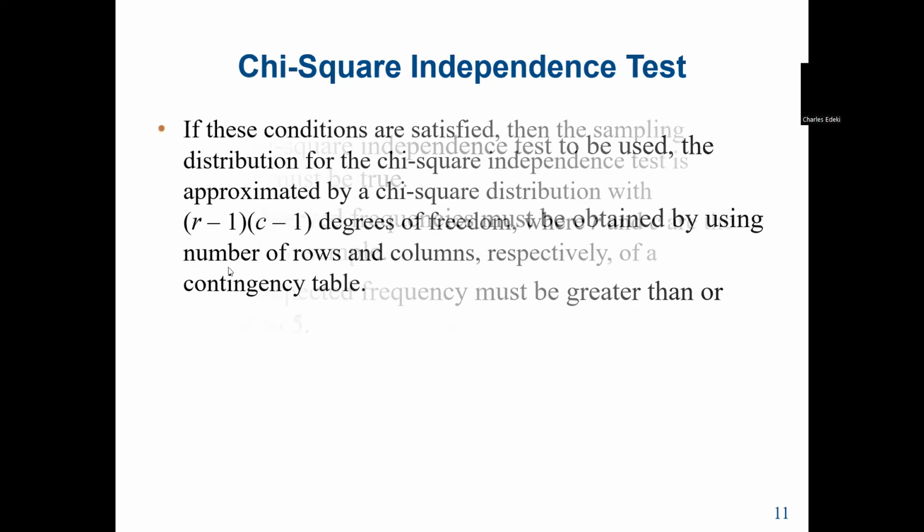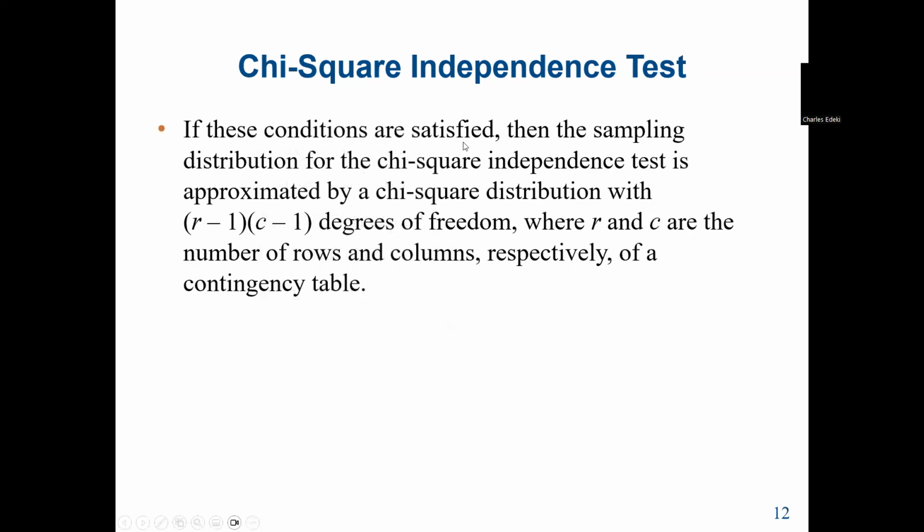Okay, so we meet the condition. If this condition is satisfied, then the sampling distribution for the chi-square dependent test is approximated by chi-square distribution with the following formula: R minus 1 times C minus 1 degrees of freedom, where again, as we said, R and C are the number of rows and columns, respectively.